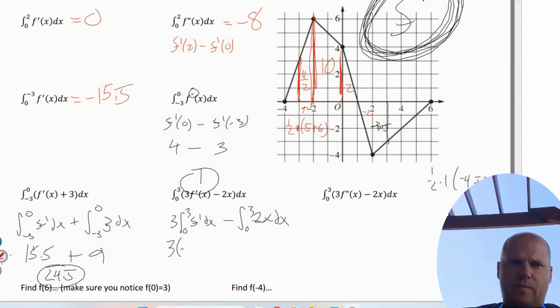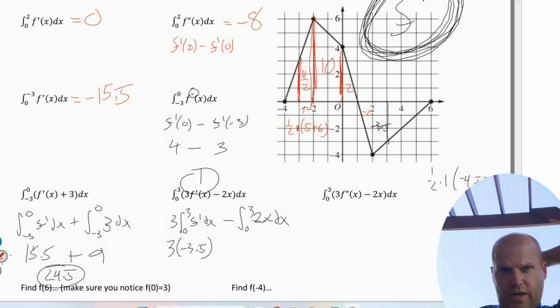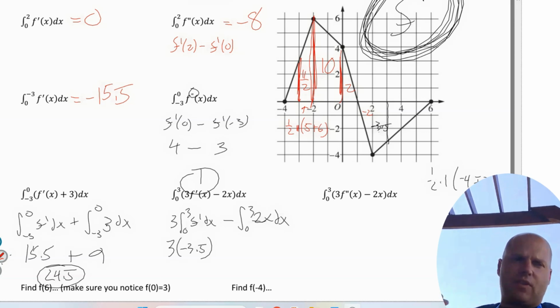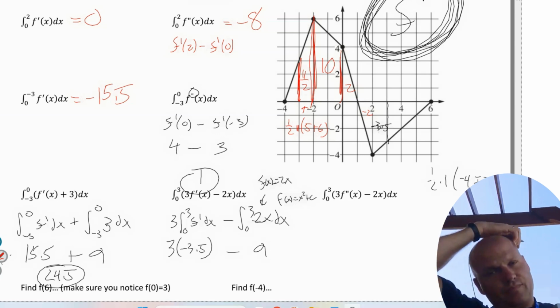So I have 3 times negative 3.5, right? Because I'm going 0 to 3. So I got this positive 2, this negative 2, and this negative 3.5. And then if f is 2x and I want to accumulate f, I can use super f, which means I'll have 9 minus 0 or 9.